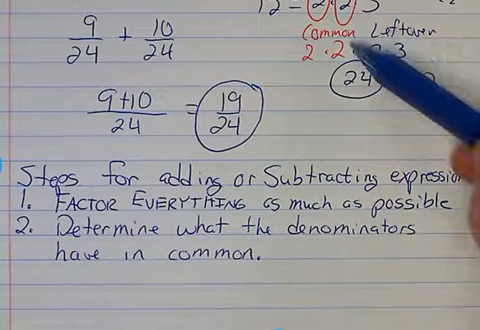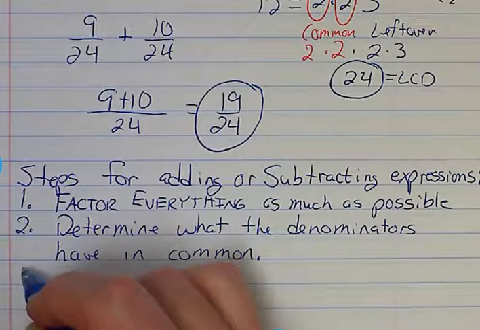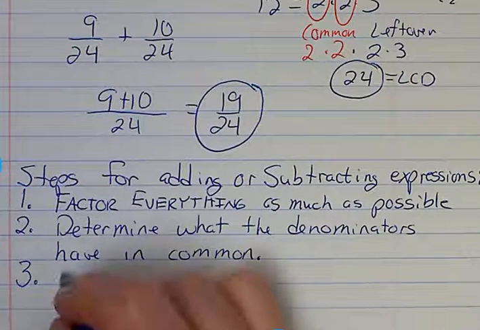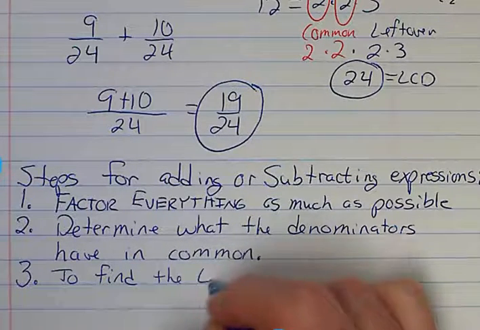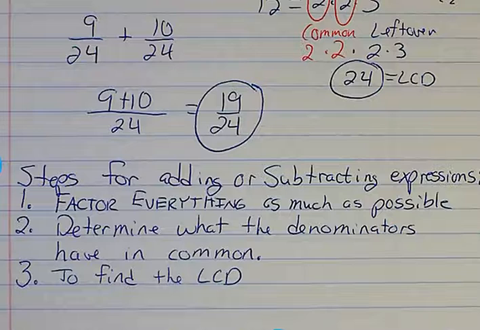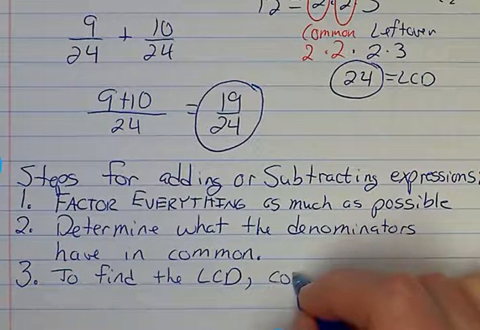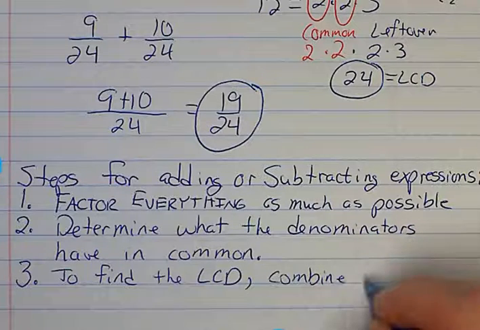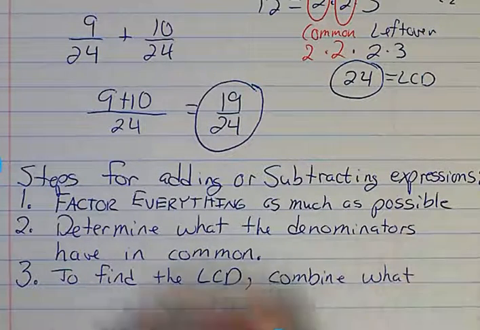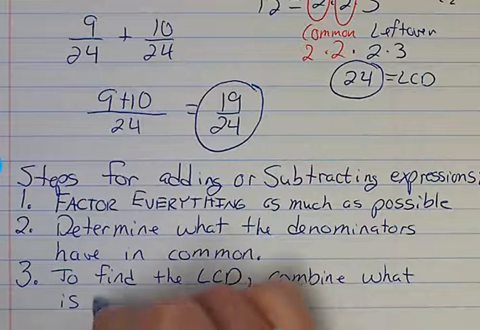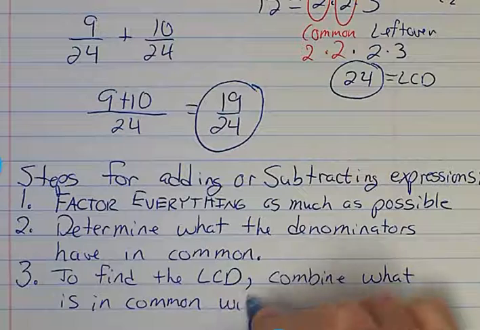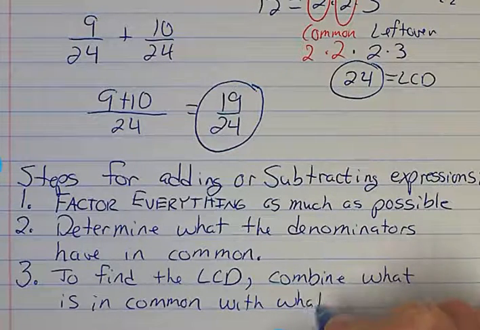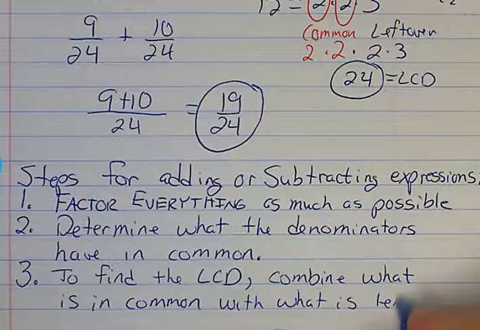So again, kind of like we did up here. We'll figure out what they have in common, and then to find the least common denominator, you're going to combine what is in common with what is left over.